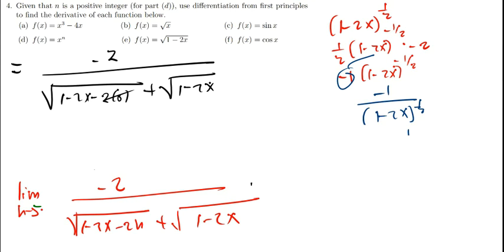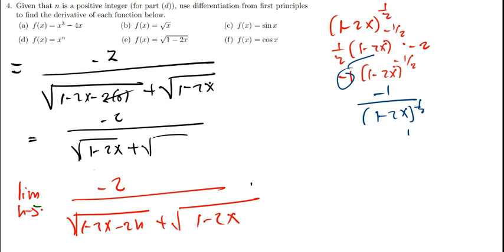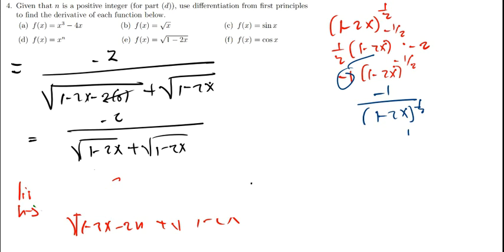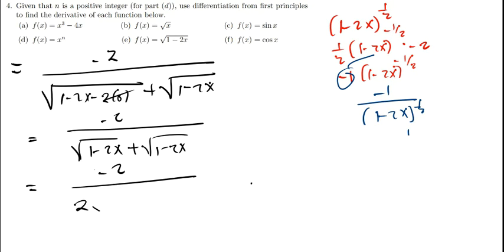Then I'll end up having negative 2 divided by the root of 1 minus 2x plus the root of 1 minus 2x. These two things, I'm going to add them, and I'll end up having negative 2 divided by 2 root of 1 minus 2x. So these 2 and 2 can go.